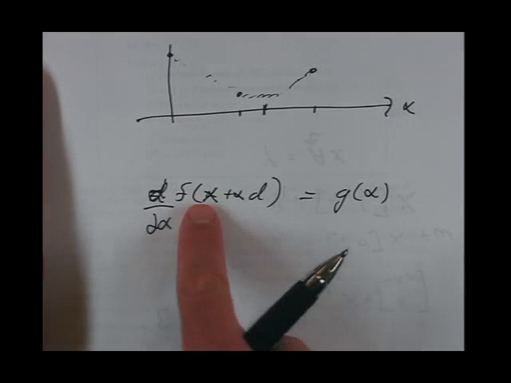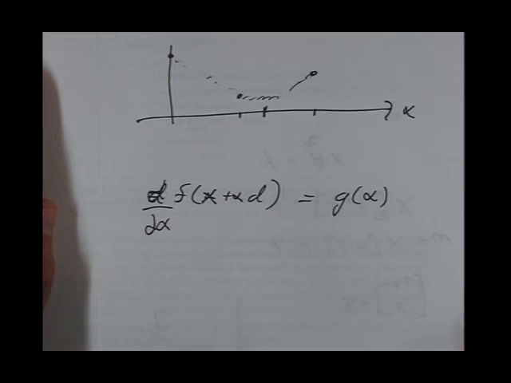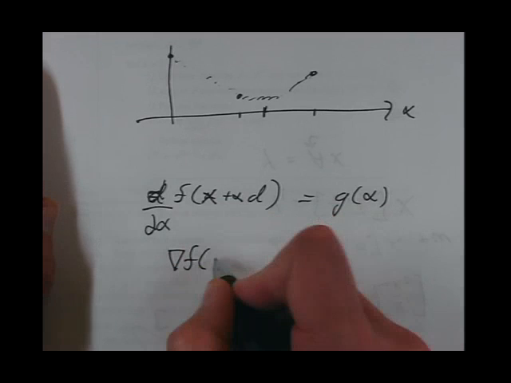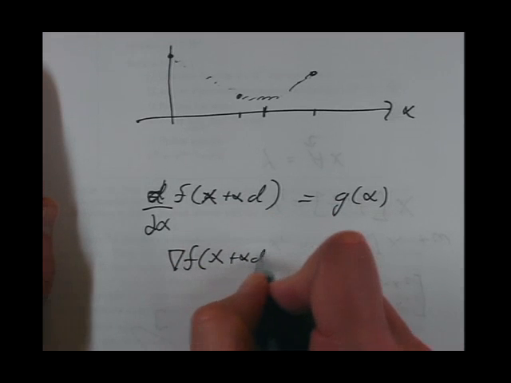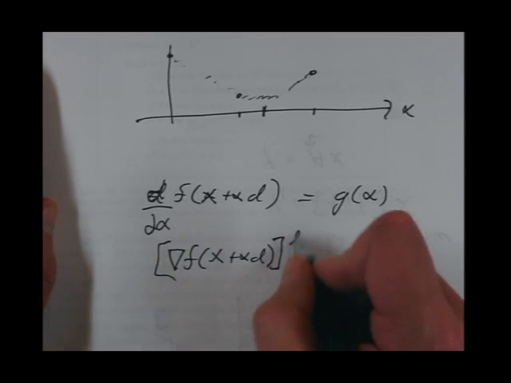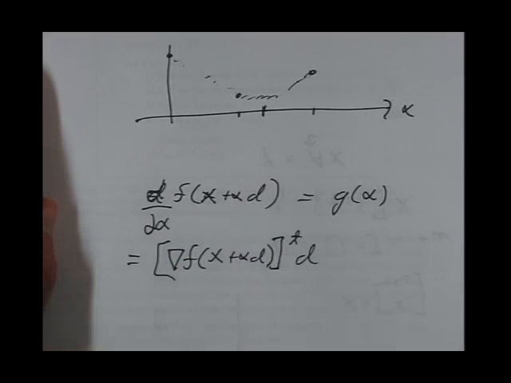Now, often you can calculate the derivative of this function with respect to alpha analytically, because you compute the gradient of f of x plus alpha d, and then take the inner product of the gradient with d, and that will be the derivative with respect to alpha. Does everybody see that that's true?